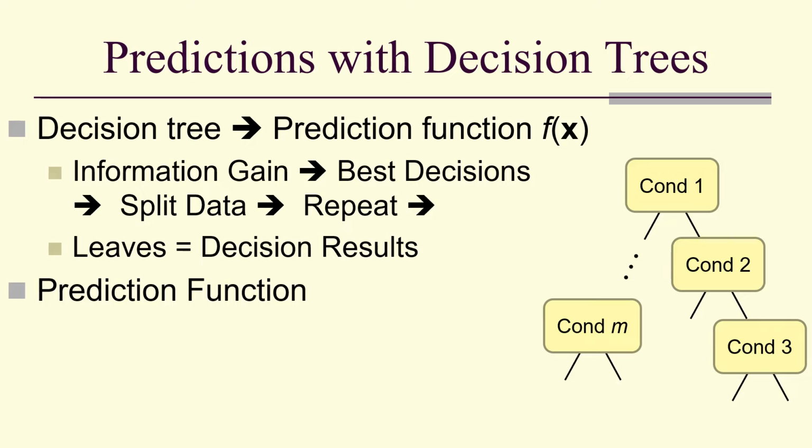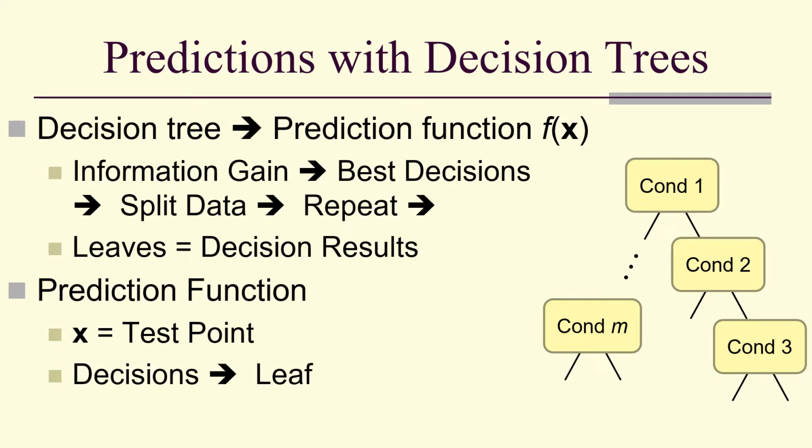Our prediction function, if we have x as some test point or unlabeled observation, then the decisions are made in the leaves, and f of x is based on whatever the leaf data is.